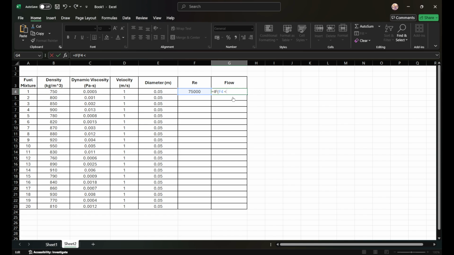If this is less than 2000, you would have a laminar flow. And then we can just make another if statement here.